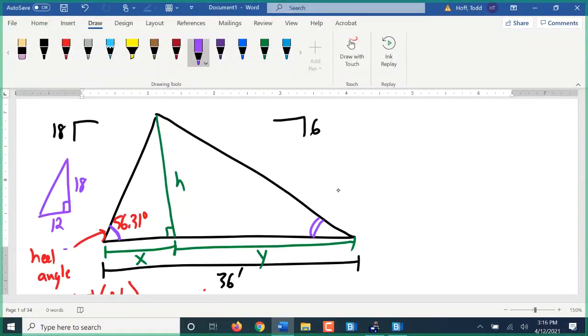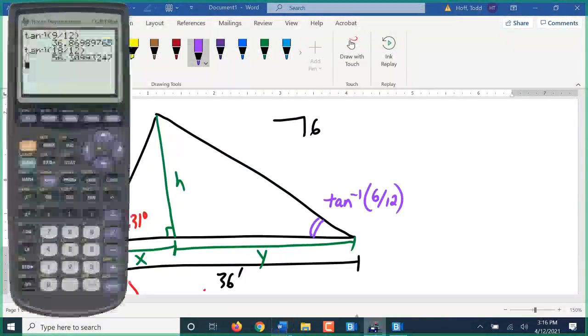I'm going to find this angle over here. At that slope of 6/12, that angle is the inverse tangent of 6/12. I have 26.57 degrees.